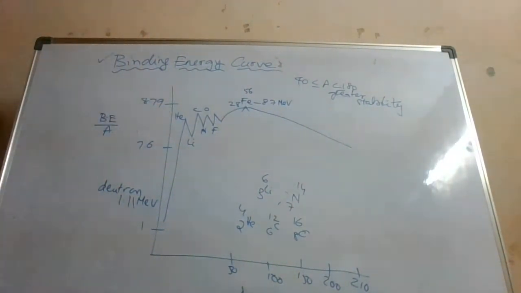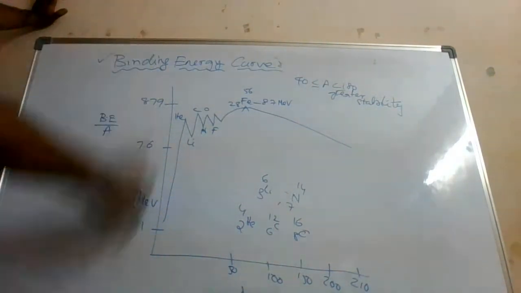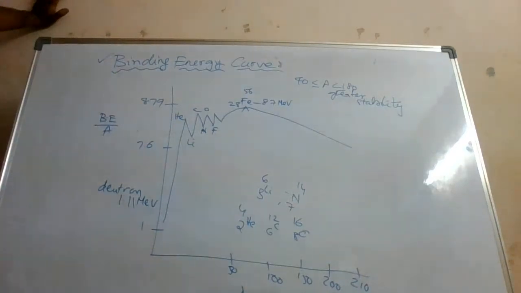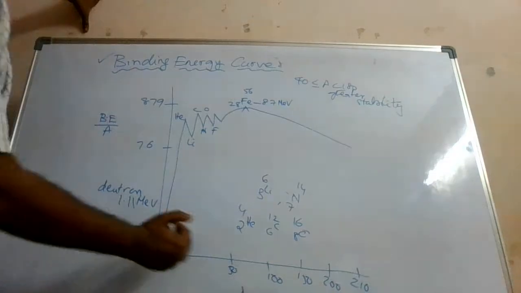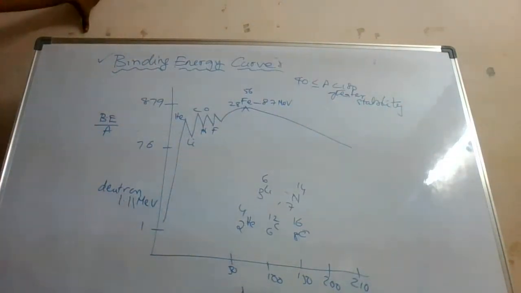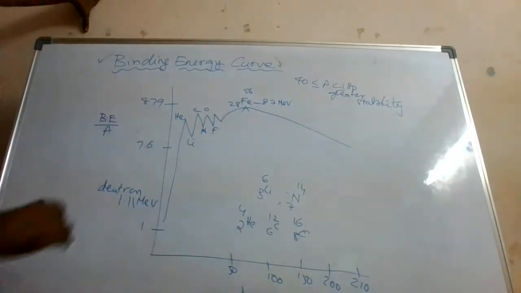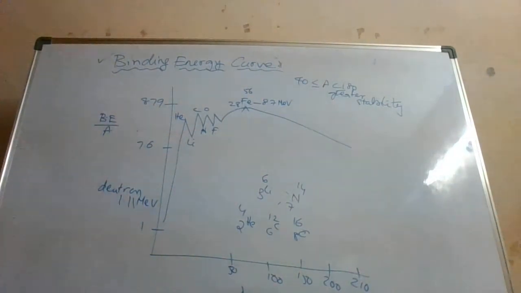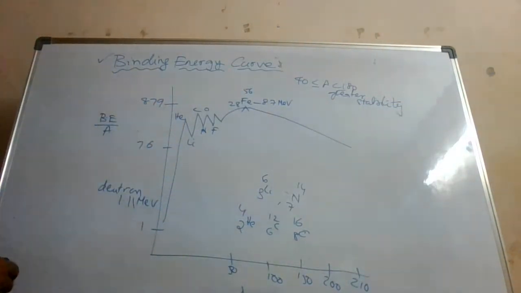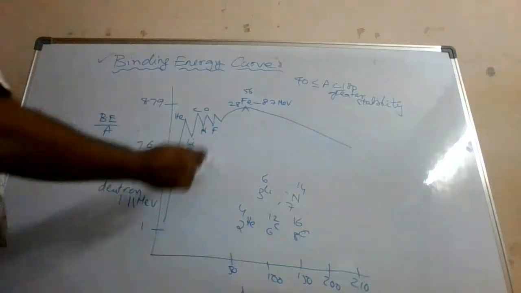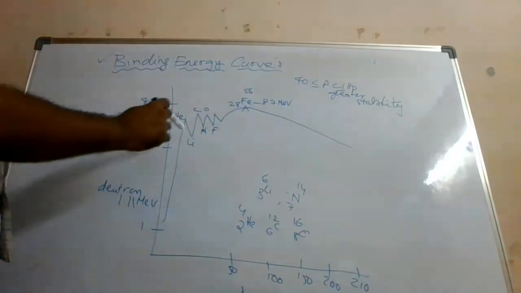So here the average binding energy is plotted, and you can see that the atomic numbers from 0 to 20, 30 are all lighter nuclei. The lowest value is 1.11 million electron volts, for deuteron. These values gradually increase, and below 50 there is a maxima-minima kind of trend.